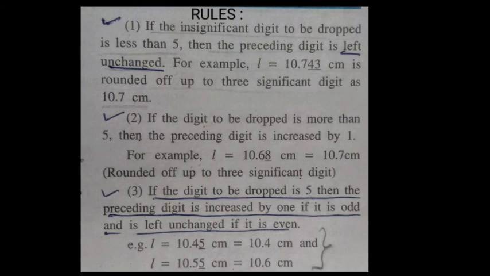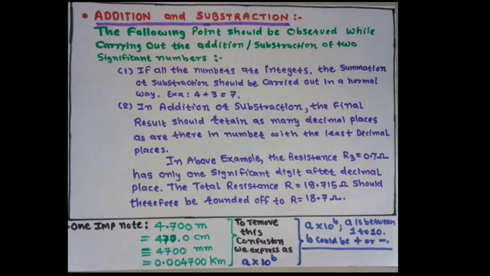Now for addition and subtraction, the following points should be observed while carrying out the addition or subtraction of two significant numbers. First, if all the numbers are integers, the summation or subtraction should be carried out in the normal way. Example, 4 + 3 = 7.